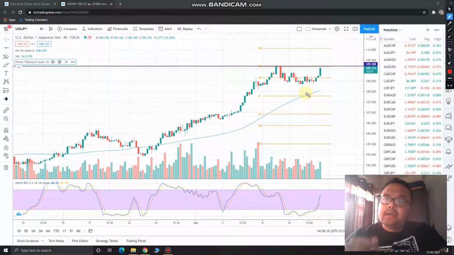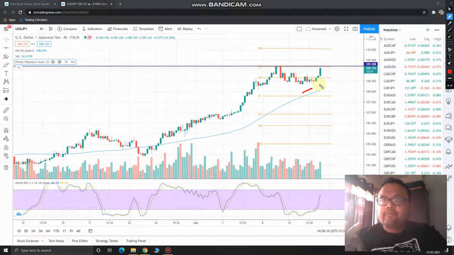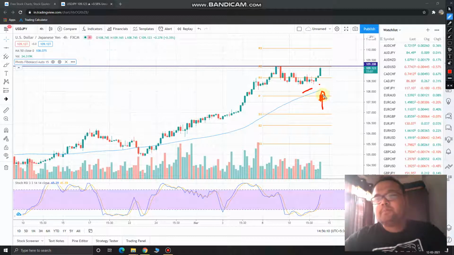If you see that it is still trading above the 50 moving average, you can go for a buy order. And in case it comes down and takes support at the 50 moving average and you see some price rejection from below or a hammer pattern like this, then that's the golden spot to execute the buy order.